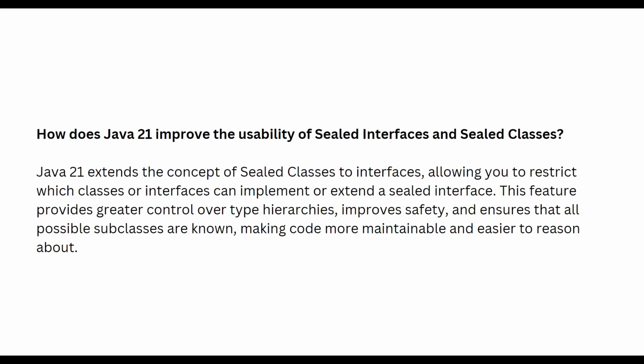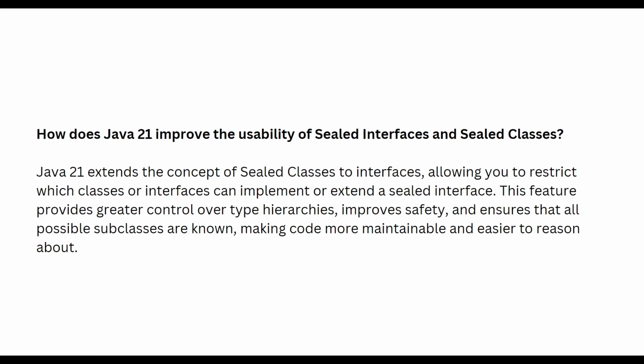How does Java 21 improve the usability of sealed interfaces and sealed classes? As you know, sealed classes were already there, but sealed interfaces were introduced as a preview feature in Java 21. So what do we get is, in sealed interfaces we extend the concept of sealed classes, right? Now this allows you to restrict which classes or interfaces can implement or extend a sealed interface.